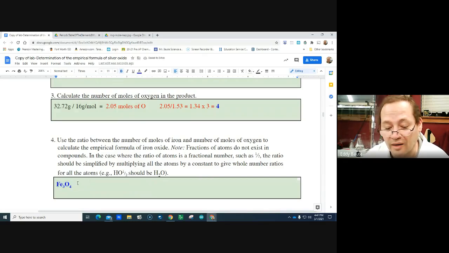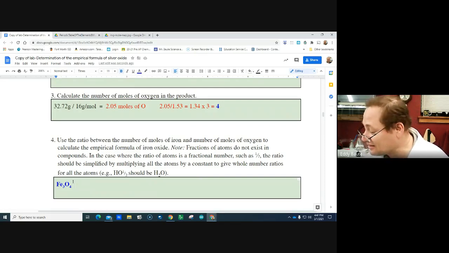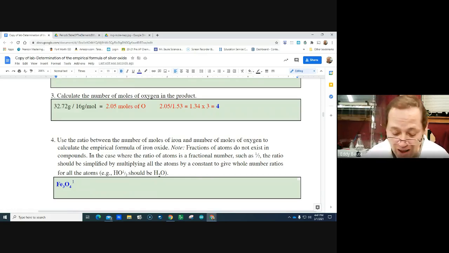Now, if you look online, that's not what you will get. Usually you're going to get Fe2O3. But what happens in reality is that this is a different form of iron oxide. It's called magnetite, and the actual way you write it down is FeO with a dot, then Fe2O3.